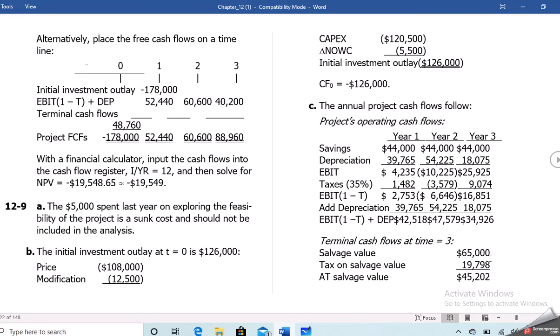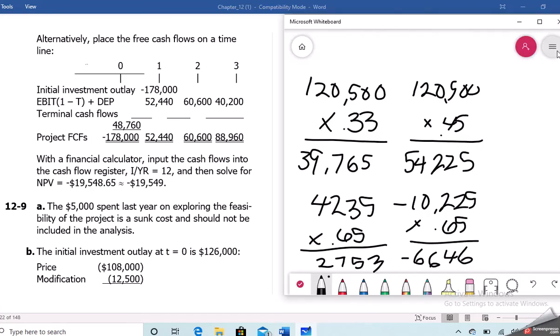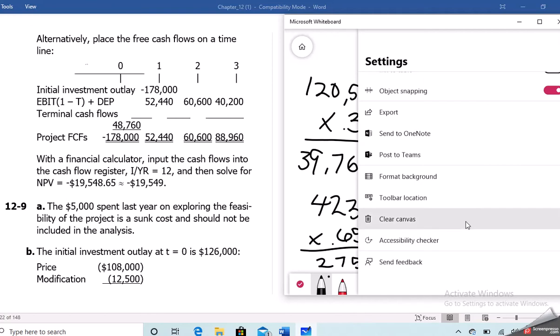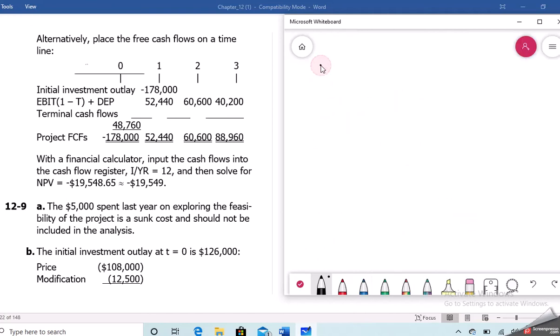So at the end of year 3, let me come over here and clear this out. At the end of year 3, we would have how much not depreciated. So we depreciated 33%, 45%, and 15%. So that would be 93%. So we have 7% left as our net book value.